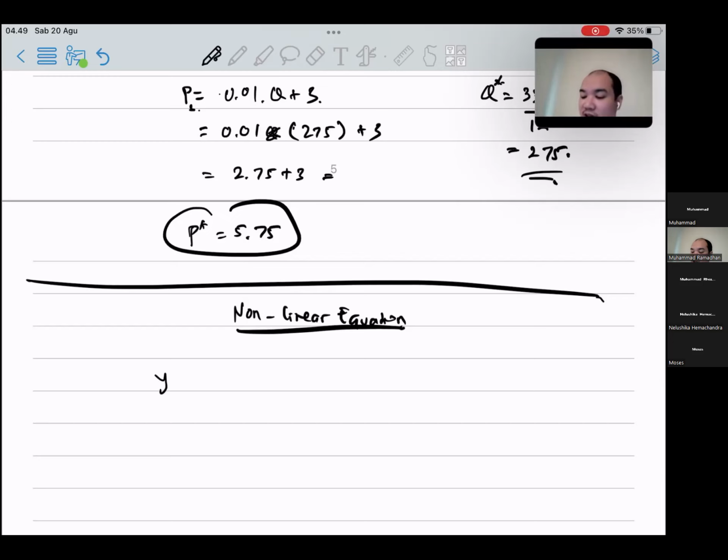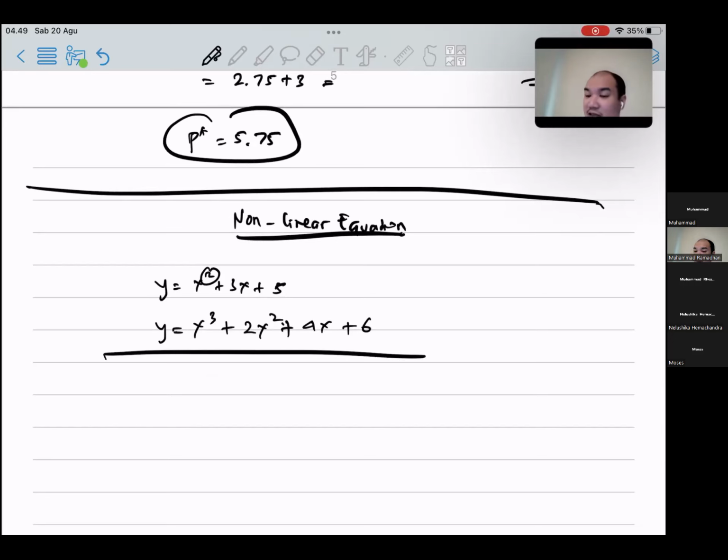Something like if you have y equal to x squared plus 3x plus 5, because the power of x is 2, so it is a non-linear equation. And also if you have x over x to the power of 3 plus 2x squared plus 4x plus 6, it is also a non-linear equation.